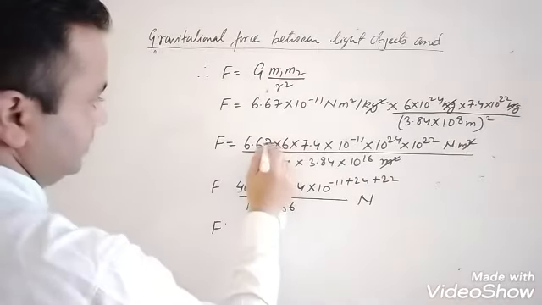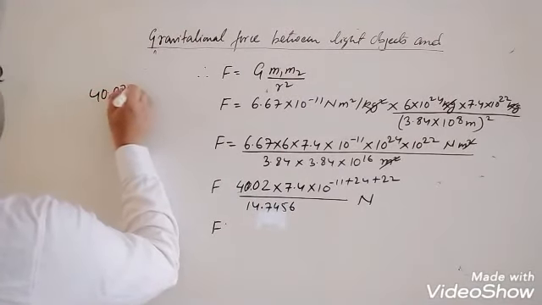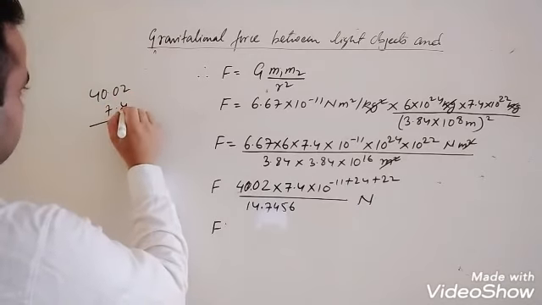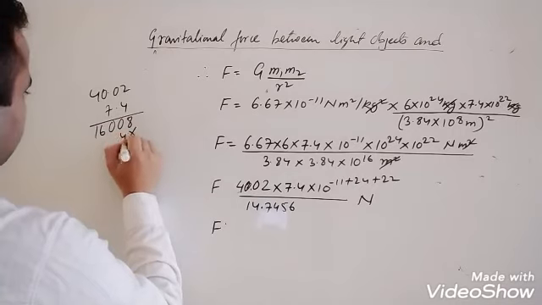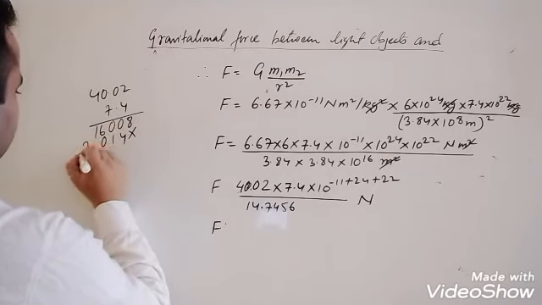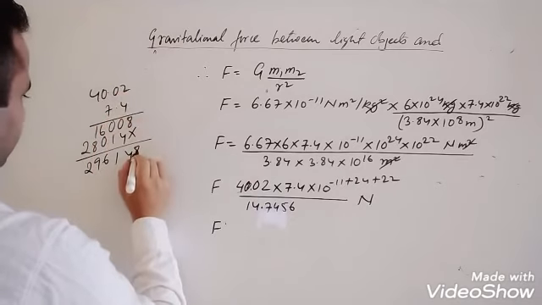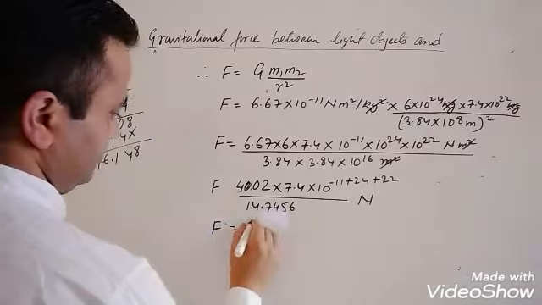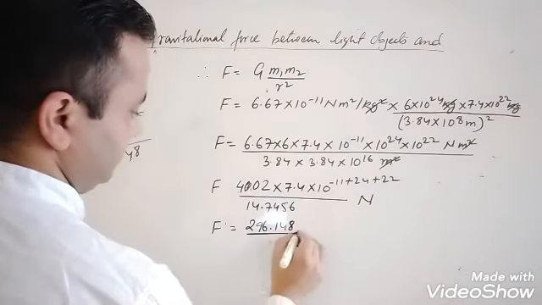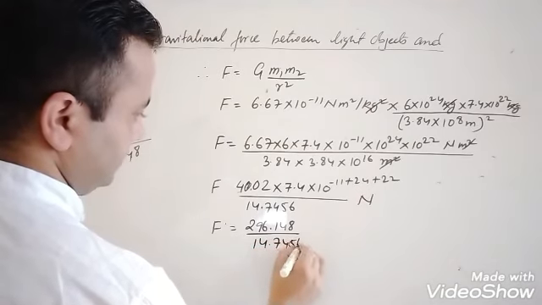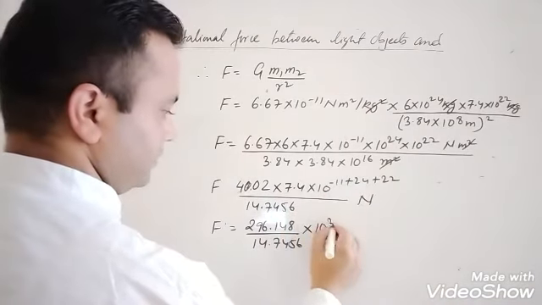So F equals, again multiply 40.02 into 7.4, which equals 296.148, divided by 14.7456 into 10 to the power, now first 24 minus 11 is 13, 13 plus 22 is 35, Newton.